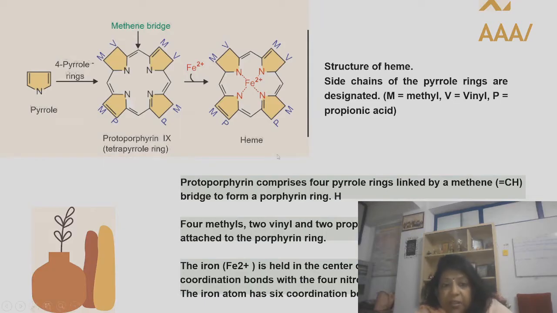The iron, which is in the form of Fe2+, is held in the center of the protoporphyrin by coordination bonds with the 4 nitrogens of the protoporphyrin ring. The iron atom has 6 coordination bonds.